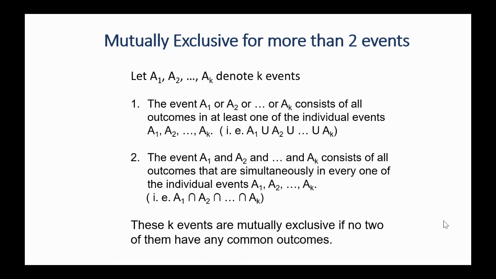Then we would be in a union of all of them. However, if I did the intersection of all K events, then they're only mutually exclusive if it appears in none of these. So it can't even be in A2 and AK together. To be mutually exclusive, all events have to be separate.